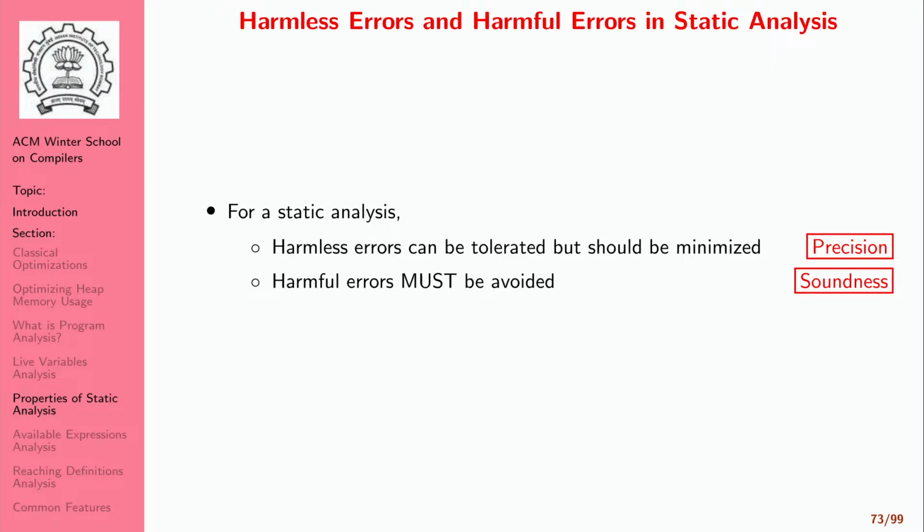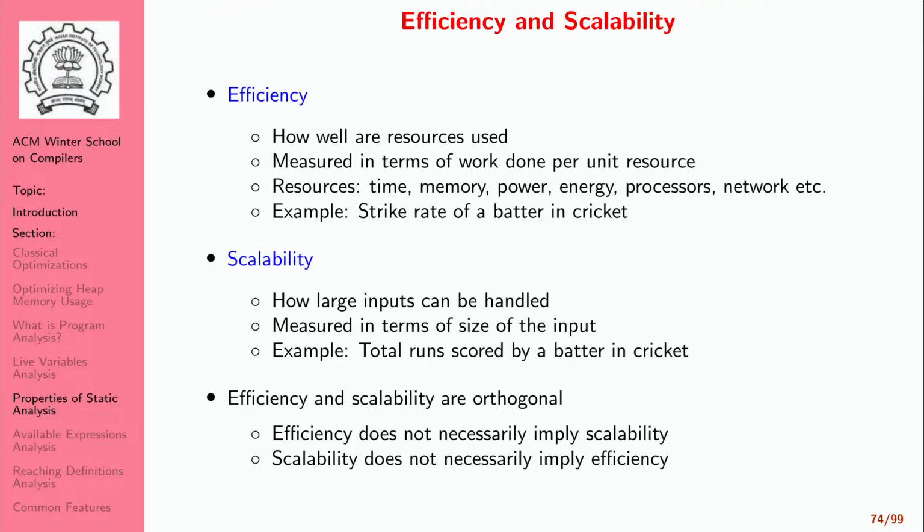I would like to leave this topic at this intuitive level here. We won't be able to go into the mathematics behind how we characterize precision and soundness. Efficiency, scalability, let me just skip this.